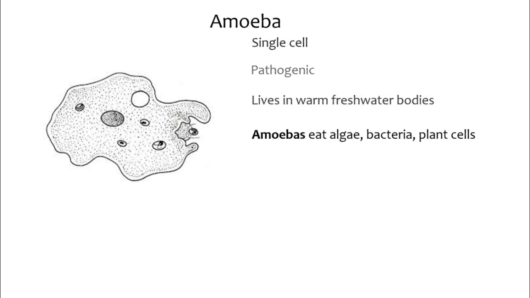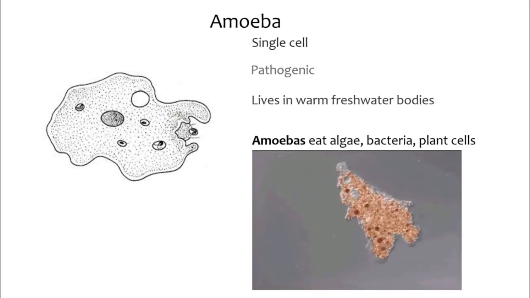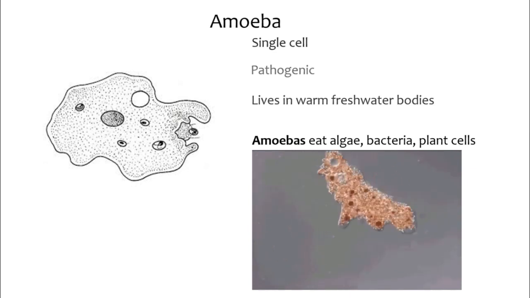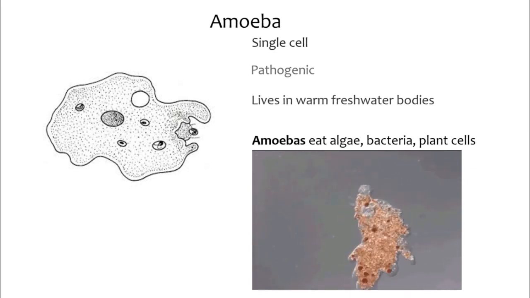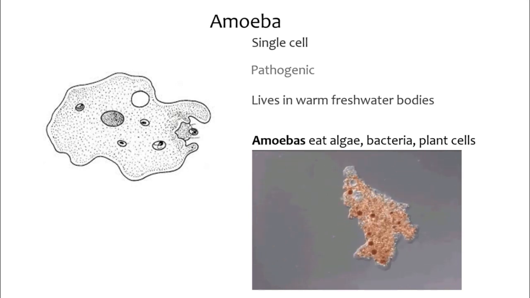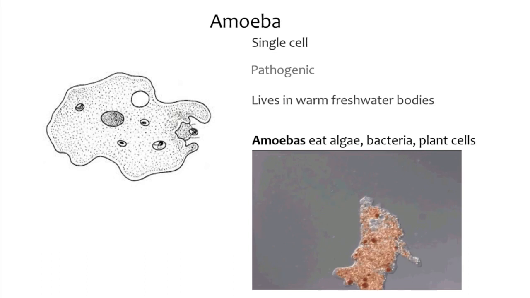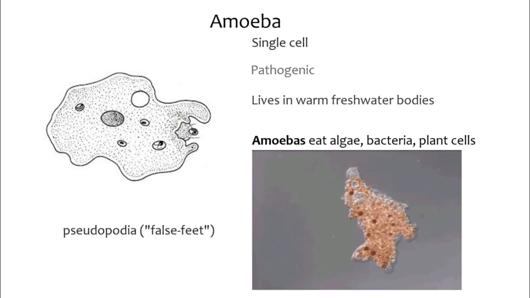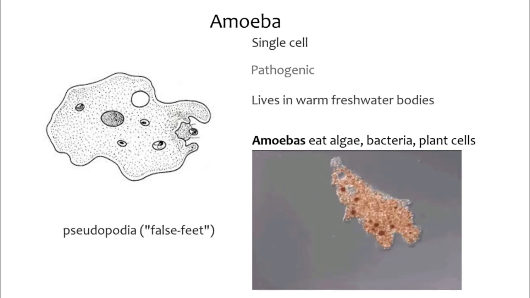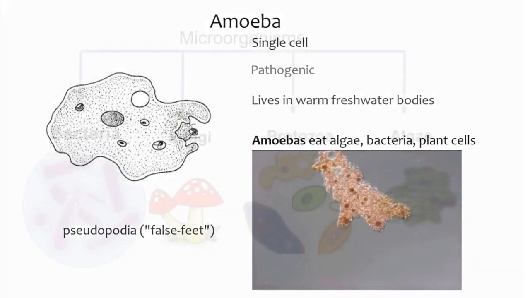It requires more warmth, right? Now the strange thing is, this amoeba eats another algae or a bacteria or a plant cell. You must have studied how it moves, the way it is shown here. It doesn't have actual feet. It has false feet. Can you recall that word? Pseudopodia, right? Which means false feet.